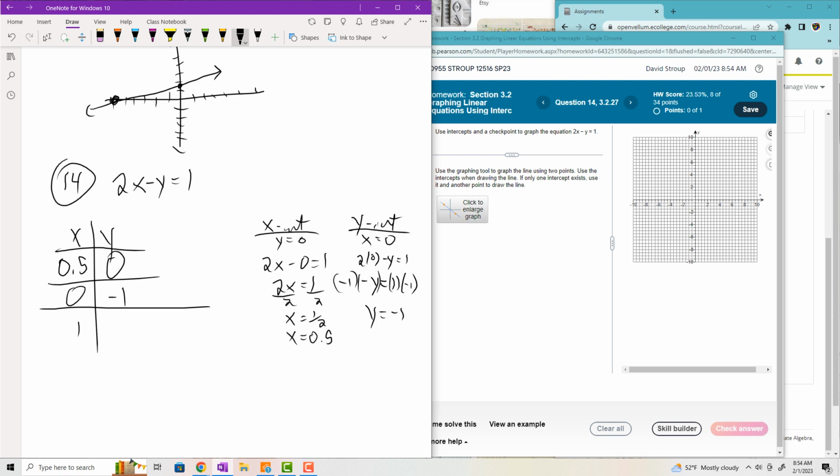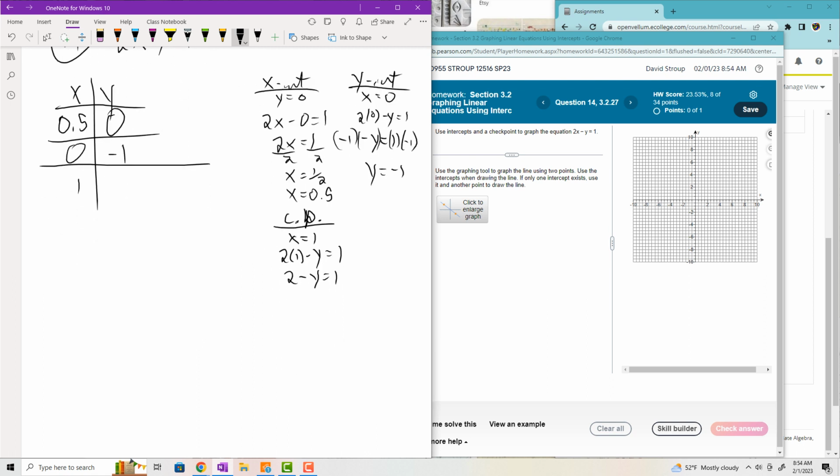And then for the checkpoint, I'll just write CP for checkpoint. Here I'm saying let x equal 1. So in the equation, put in 1 for x. So 2 minus y is 1. And then just solve for y.